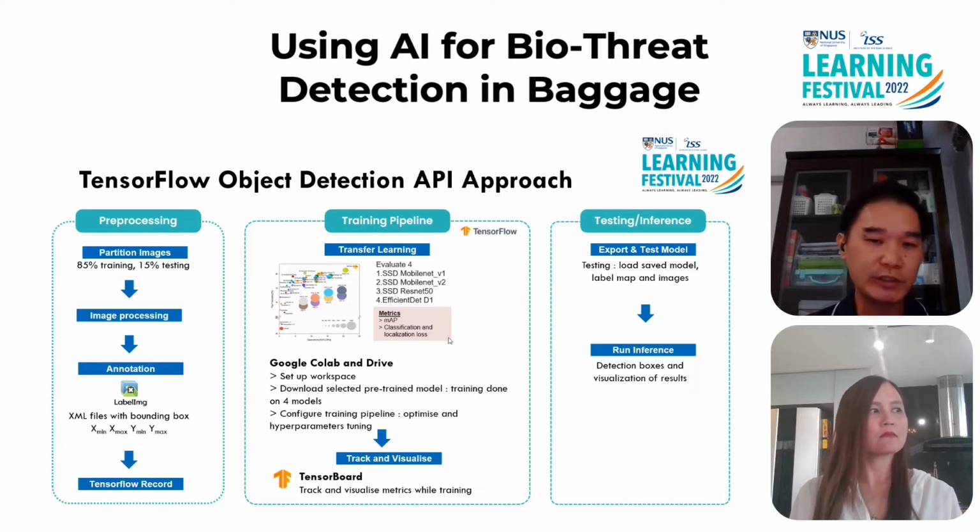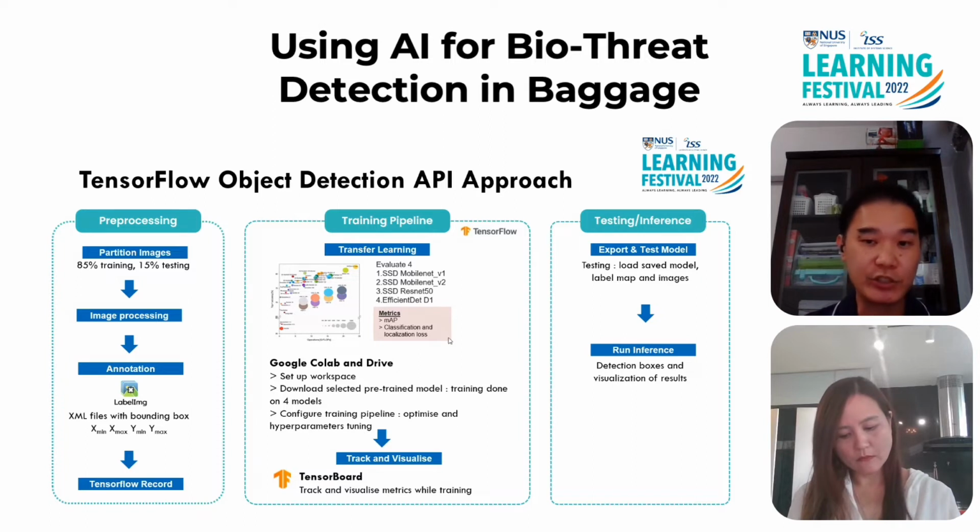So we just port it over, since the pre-trained model uses the same data set and the evaluation metric is average precision. So we adopt the same performance metrics as used by the pre-trained model. Besides average precision, we also look at the classification loss and the localization loss. Yeah, next slide, please.